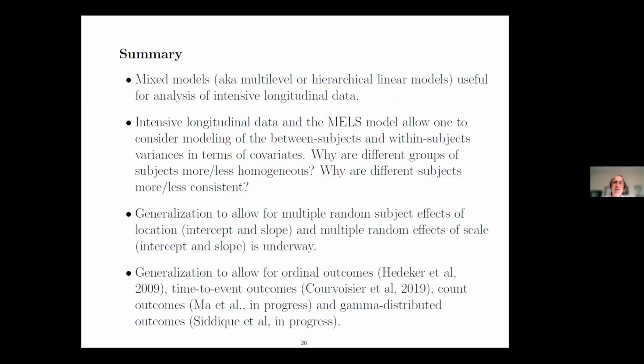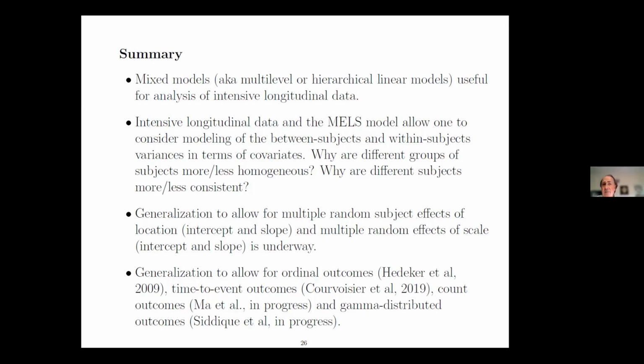So to summarize, as we know, for longitudinal, for multi-level data, these kinds of mixed models, multi-level models, HLMs, are a very common standard of modeling for longitudinal data, and they're also very useful for intensive longitudinal data. But hopefully what I've convinced you of is that with intensive longitudinal data, you can go further.